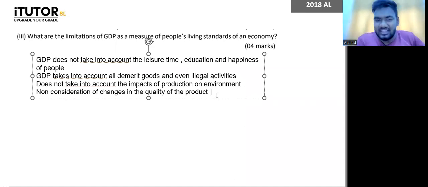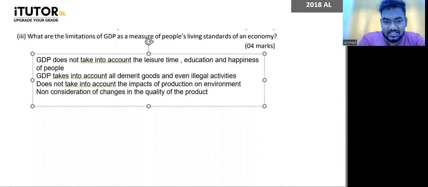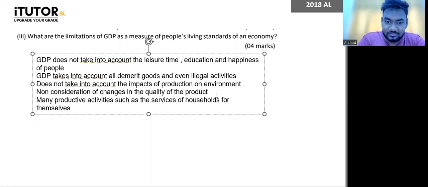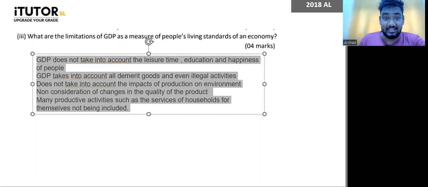But you can also say there are many productive activities, such as the services of households for themselves, not being included. So you can give a few points like that. Is that okay, guys?